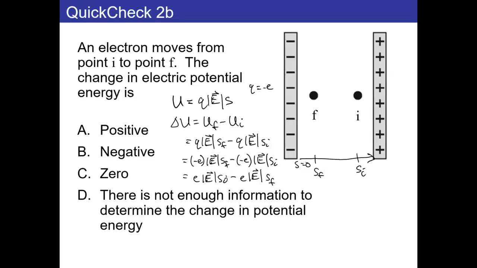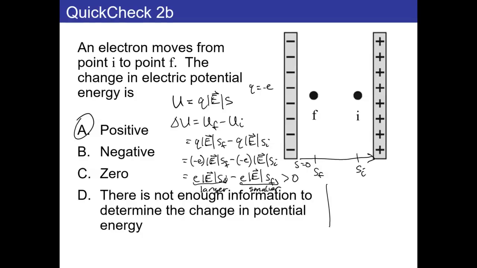So it really depends on just the values of S here. Now, you can see from our graph, S is 0 at the negative plate, so S sub I is bigger. So the first term is larger, right, than the second term, which is smaller. And so as a result, then, this has got to be positive. Does everybody see that?